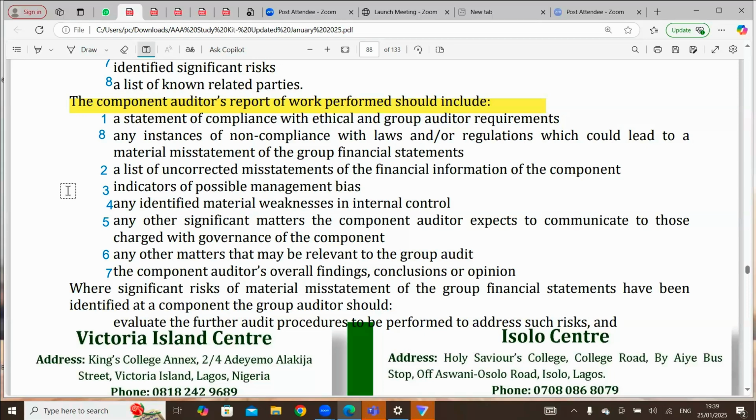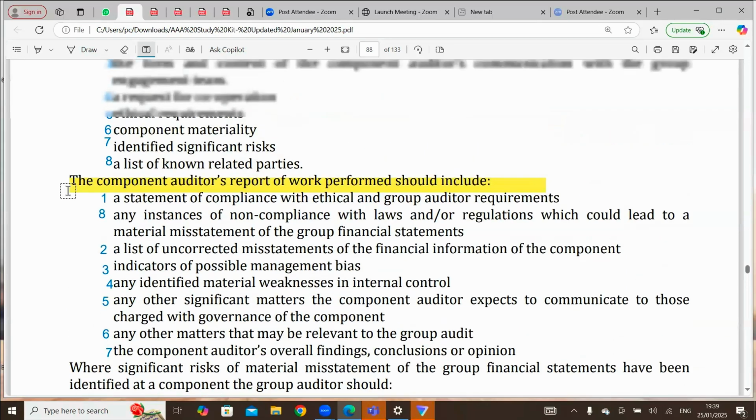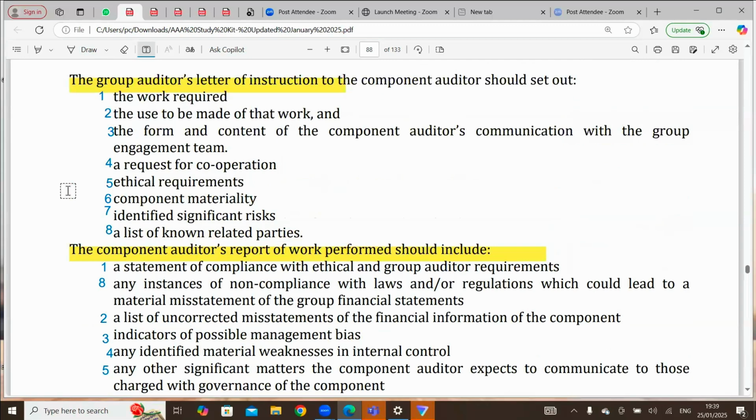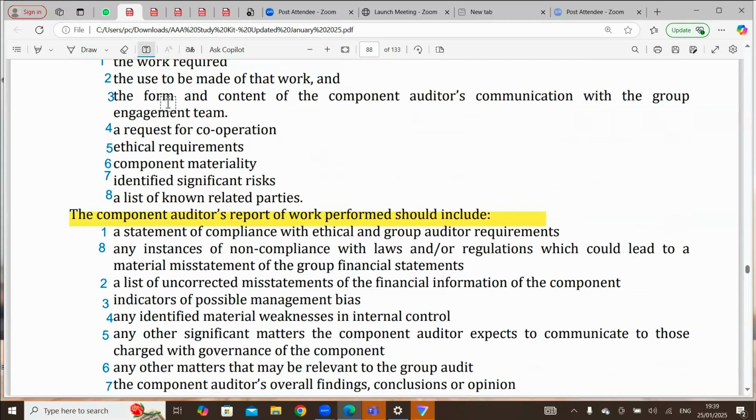Okay, so the component auditor, like I said, is responding to all the questions that have been asked. If you look at it, it's like a call and response. The work required, he asked him for ethical requirements. So that is the component auditor replying with a statement of compliance that, okay, we are going to comply with the ethical and group auditor's requirements.